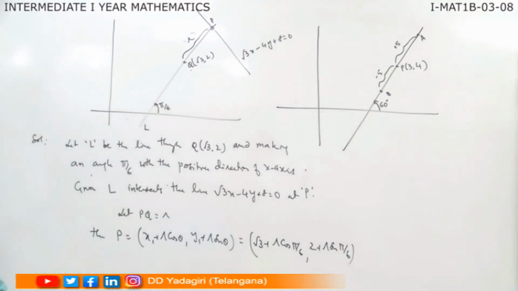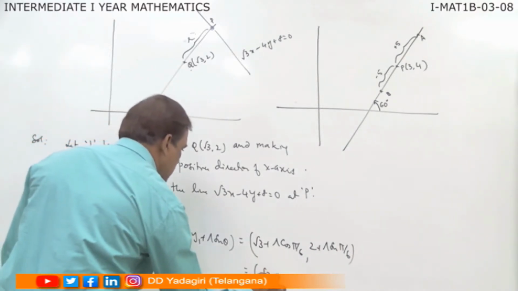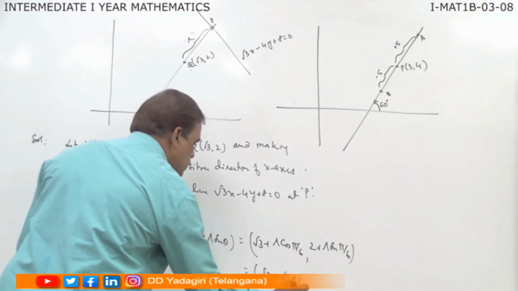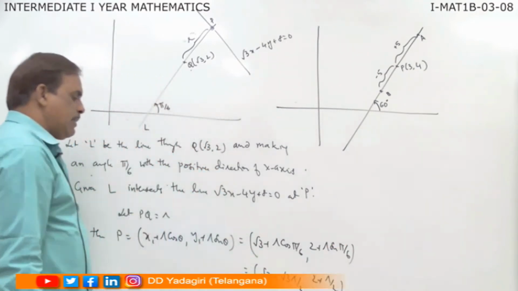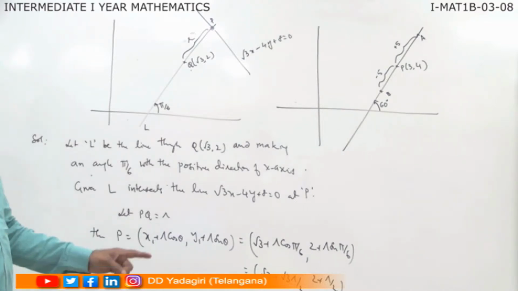Cos pi by 6 is √3 by 2, so R cos pi by 6 is √3 R by 2, and sin pi by 6 is 1 by 2, so R sin pi by 6 is R by 2. So P is (√3 plus √3 R by 2, 2 plus R by 2).